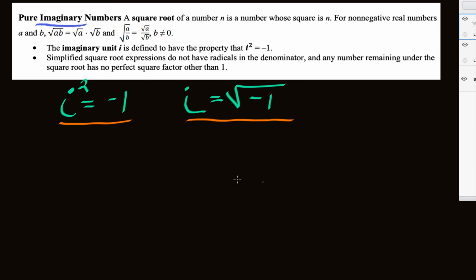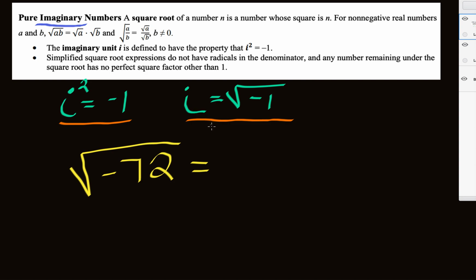All right, so here's a problem, and this is on your study guide sheet. What is the square root of negative 72? First of all, I know that I'm going to have an i in there.